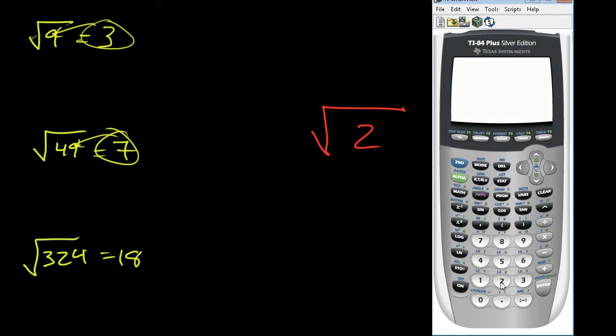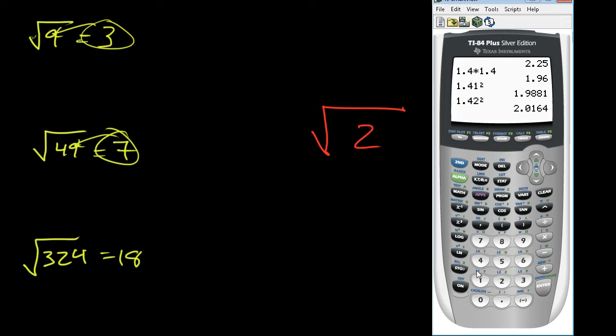Well, I could try multiplying some things like 1.5 times 1.5. That's a little more than 2, so maybe 1.4 times 1.4. See if that works. That's a little less than 2, so maybe 1.41. I'll just square it, that's a little faster. Getting closer. What about 1.42 squared?